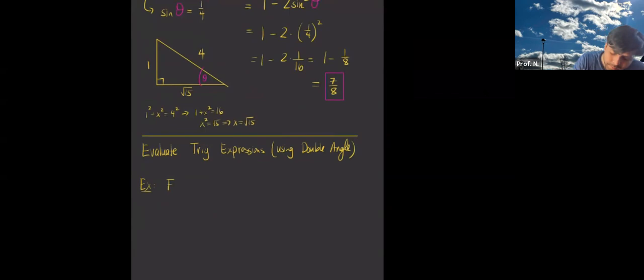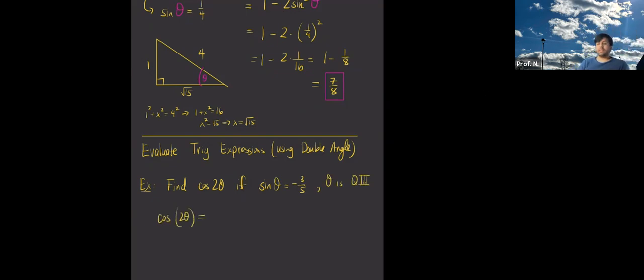So find cosine of twice the angle if I know that sine of theta is -3/5 and theta is in quadrant 3. So I want to know cosine of twice the angle. Actually, this is not that bad because if I know sine of theta, then I should use the version that only has sine of theta in it.